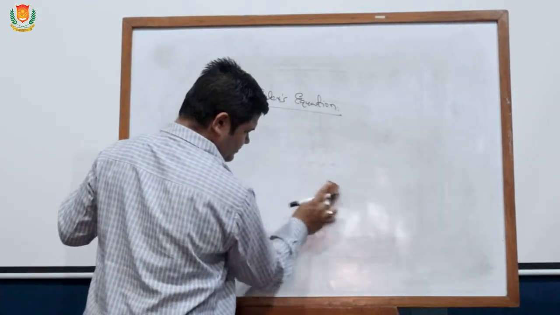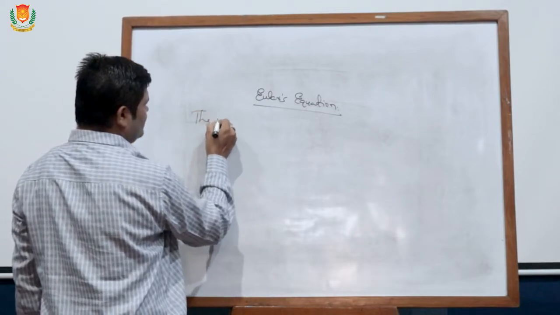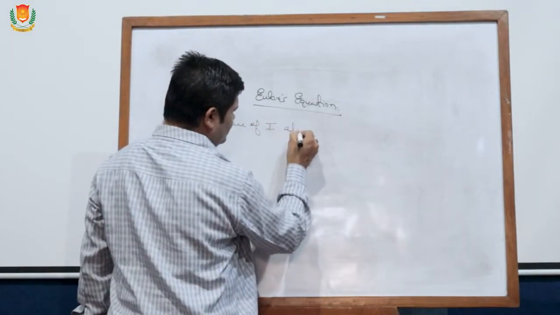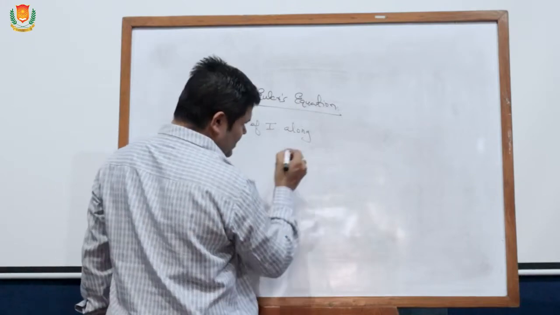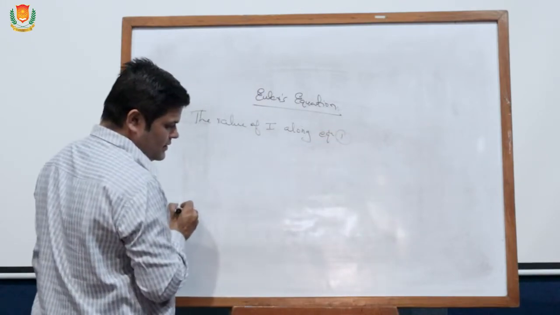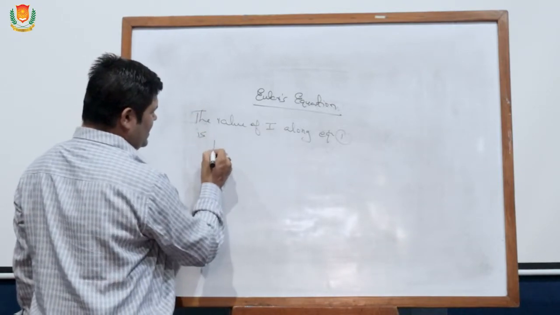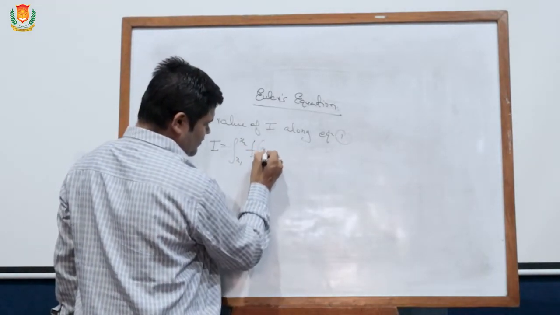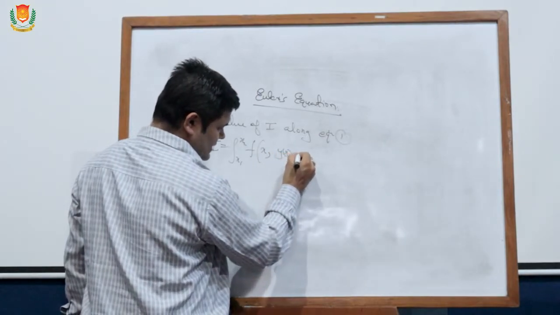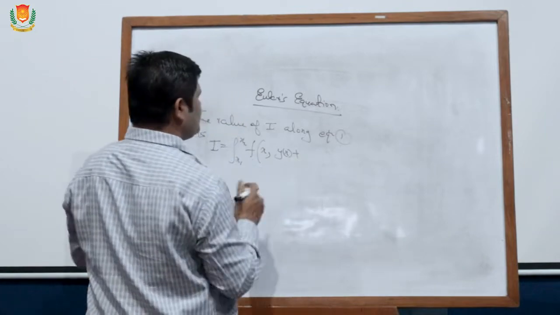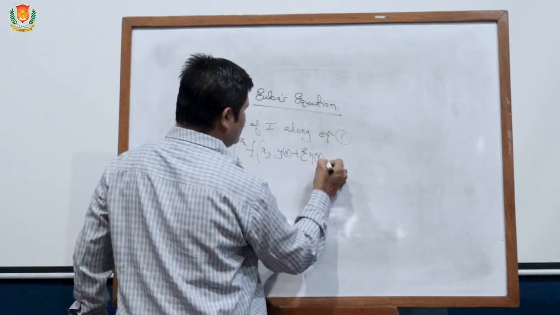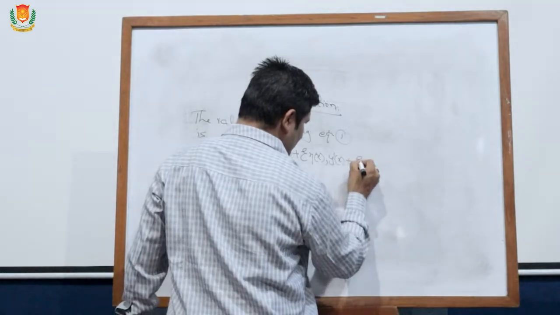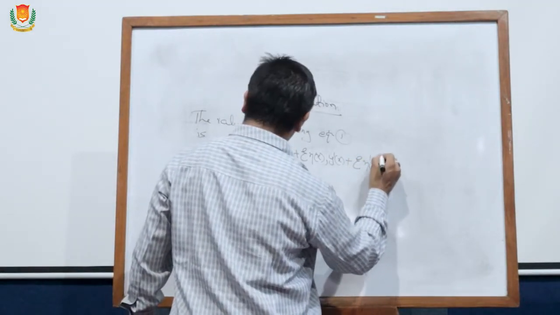Now the value of I along equation 1 is I equals integration x1 to x2 f of x, y of x plus epsilon eta of x, comma y dash of x plus epsilon eta dash of x, dx.